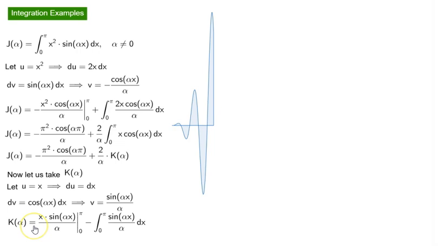So K of alpha is equal to, again applying integration by parts for definite integrals, x times sine alpha x by alpha from 0 to pi, minus the integral from 0 to pi of sine alpha x by alpha dx. So K of alpha is x times sine alpha x by alpha from 0 to pi, minus 1 by alpha, taking it out, times the integral from 0 to pi of sine alpha x dx.